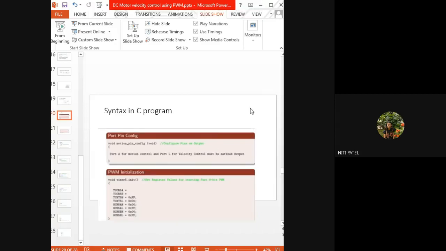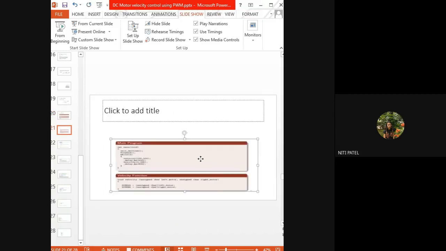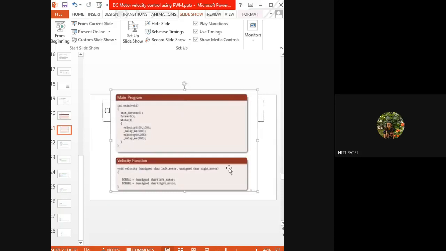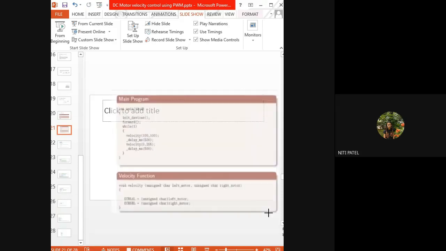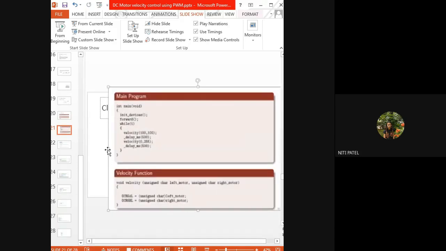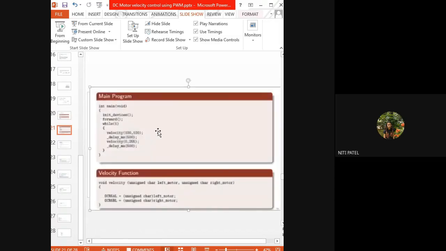Then after this, what are we supposed to mention in the main program? What we are going to write in the main program is, we have our main function. We will initialize the devices. The robot will go forward by using this forward function. When it goes forward, it will go forward with how much speed? 100, 100.